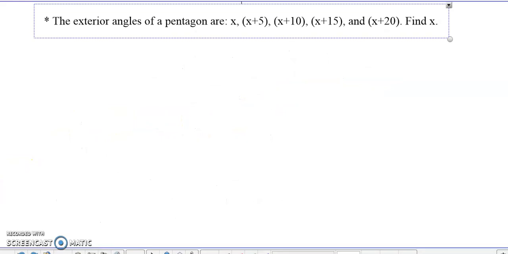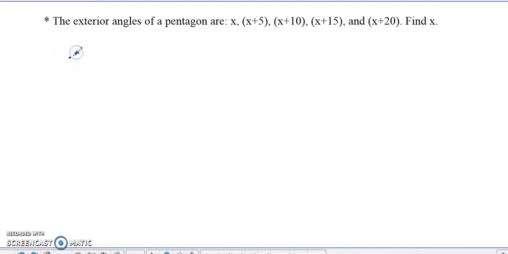Now let's look at another question here. This question says that the exterior angles of a polygon are x plus 5, and so on. We are asked to find the value of x. We know that the sum of the exterior angles is 360.